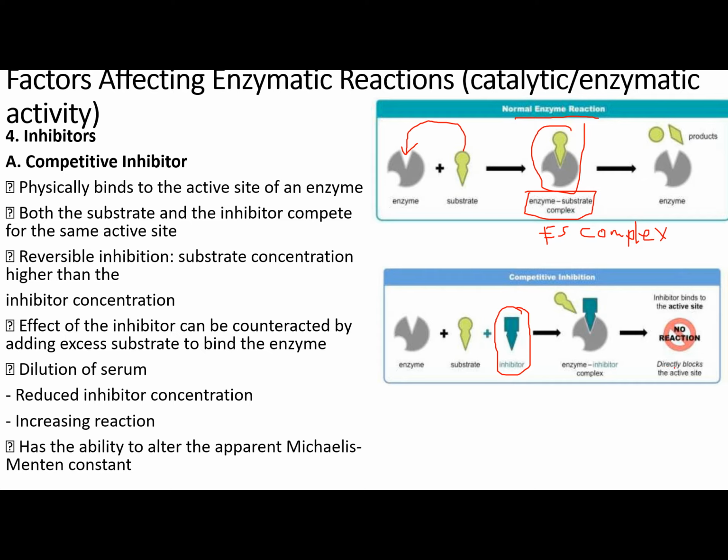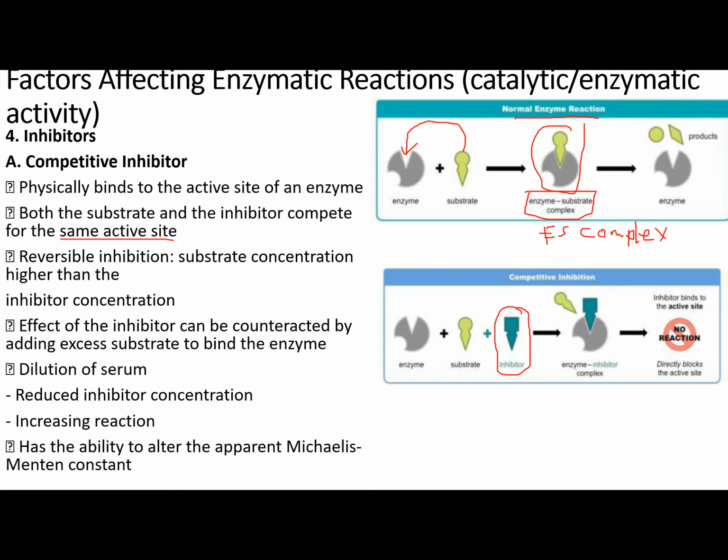It basically directly blocks the active site. For you to understand why it's called competitive, it is because the inhibitor competes with the substrate. Both the substrate and the inhibitor would compete for the same reactive site. So, let me repeat, class, the reason it's called a competitive inhibitor is because both the substrate and the inhibitor would compete for the same active site.